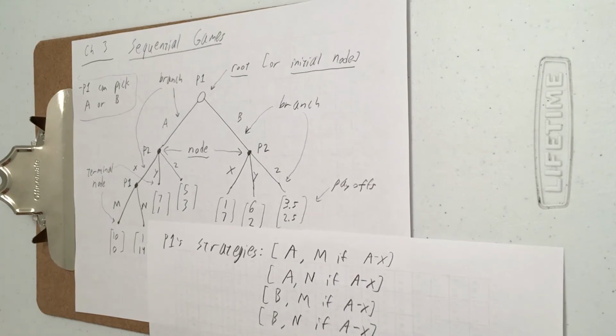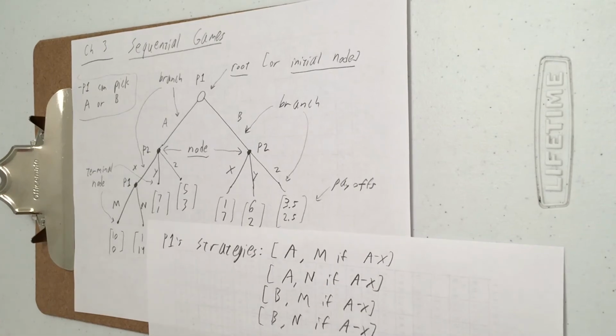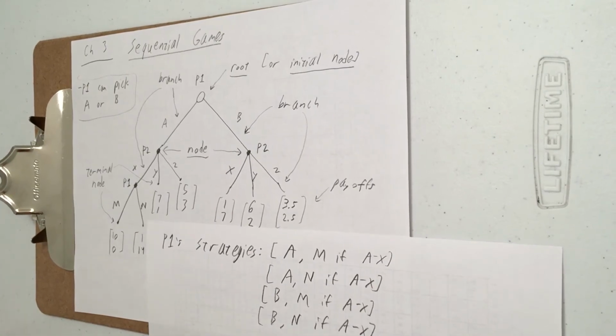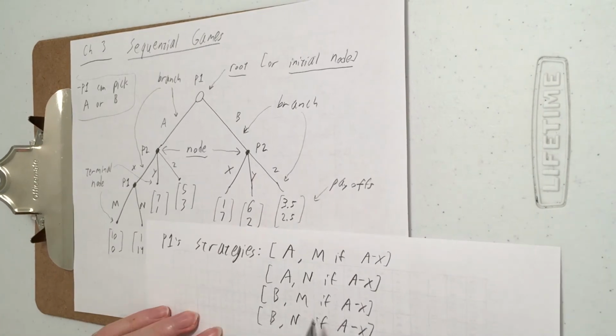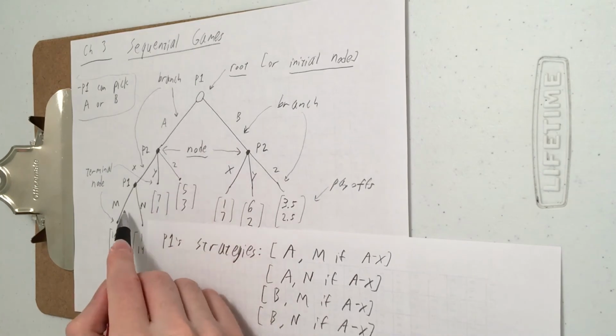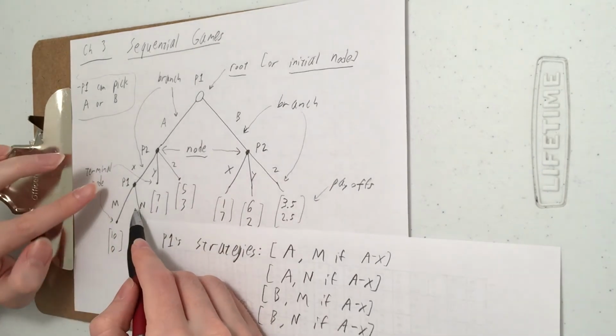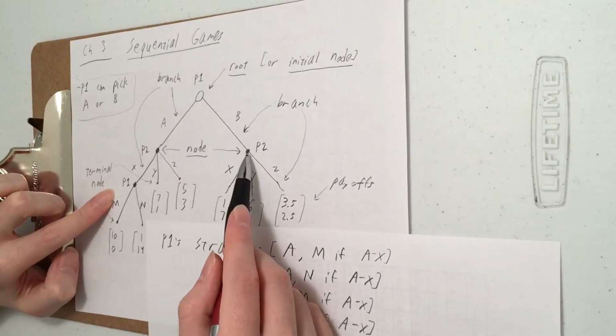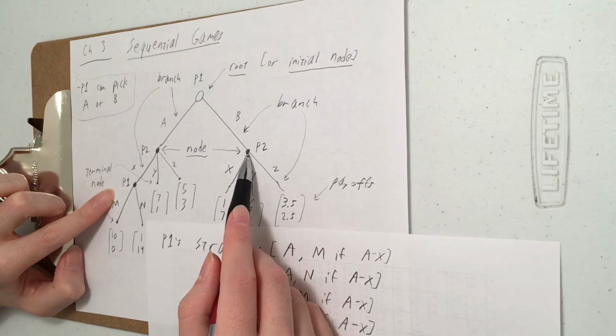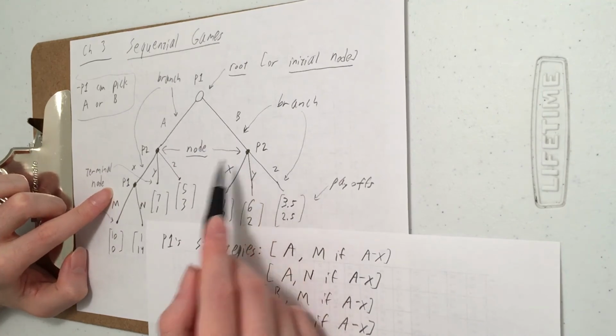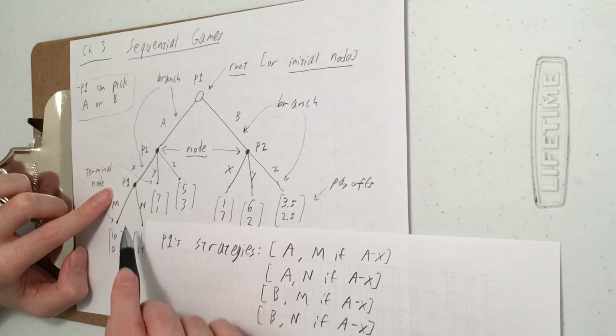So if we're in a face-to-face class, somebody would have surely raised their hand right around here and asked about these last 2. So we only play M or N if AX happens, right? But if we play B on the first move, we've guaranteed that we're not going to be here.